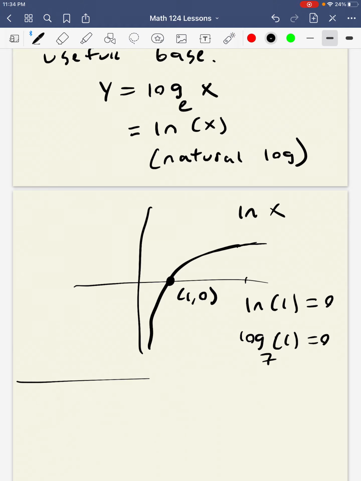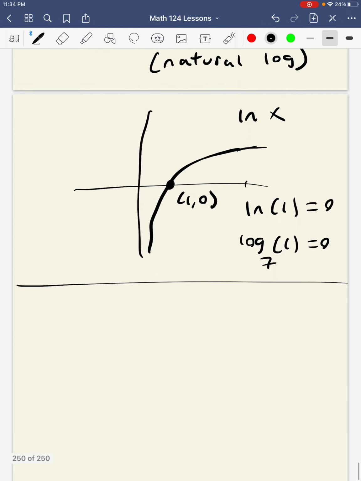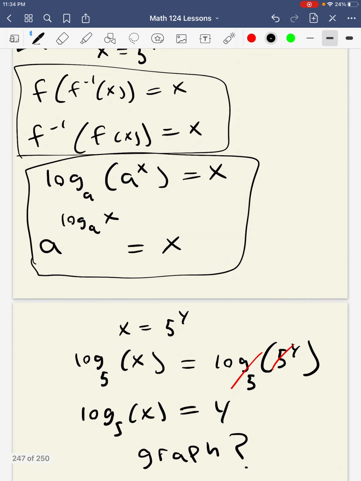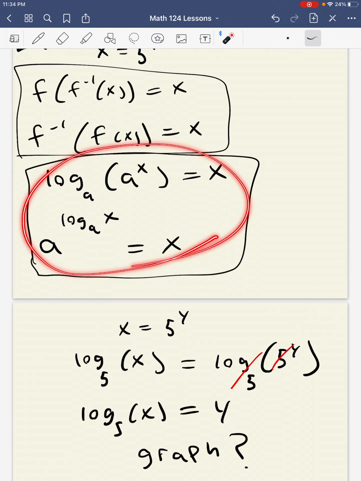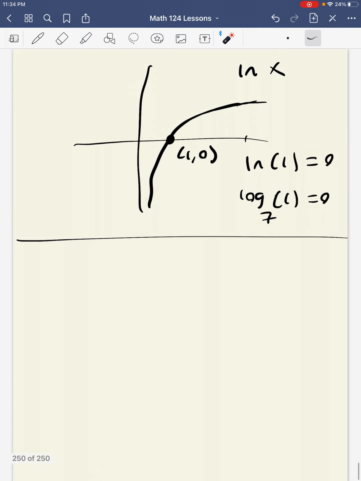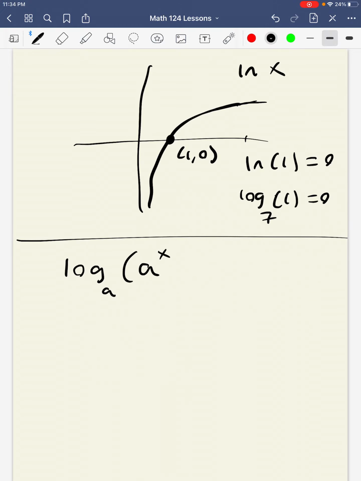Now that we're a little more comfortable with logarithms, let's learn a few properties. I actually already wrote these properties down, but let's investigate them a little more. So I'm going to write them down again. We have the property that log base a of a to the x equals x.